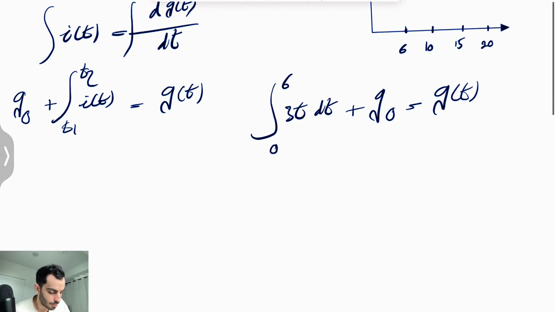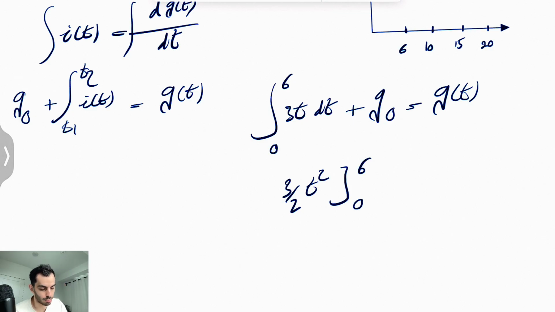The integral of 3t is going to be 3/2 of t squared, from 0 to 6. If we put the 0 in here, we get 3 times 0 plus q0, which is going to be 0. So our q0 is basically 0.